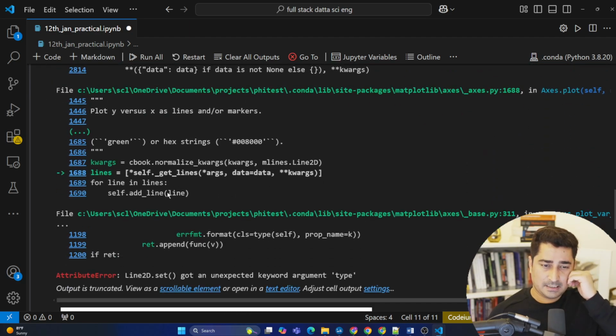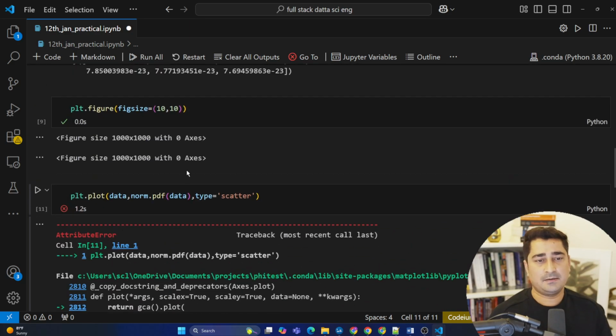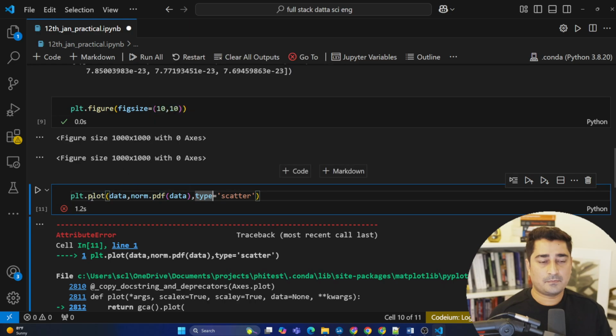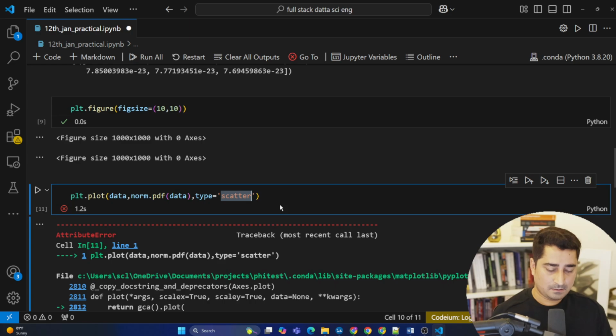Type error: scatter got an unexpected keyword argument, line 2D set. Let me check its function.